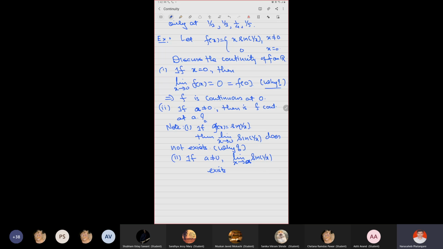Probably that we'll discuss later on. Also, the limit as x tends to a of sine x is sine a. Why, that we'll discuss, but at present you can believe this is sine a. So if a is not equal to 0, then the limit as x tends to a of sine 1 by x exists. And what is this limit?